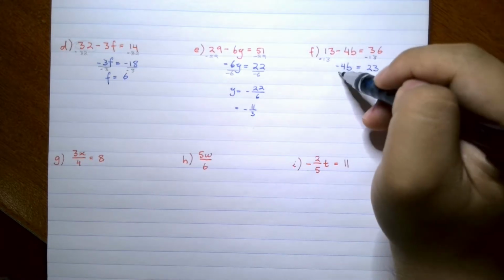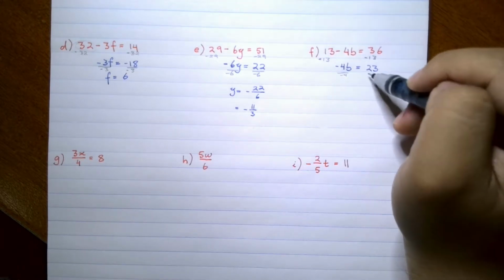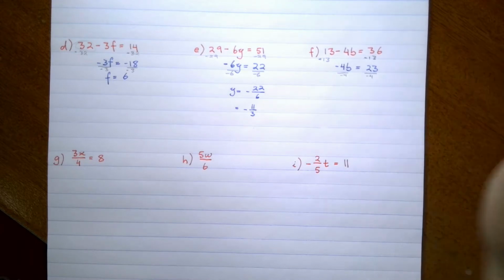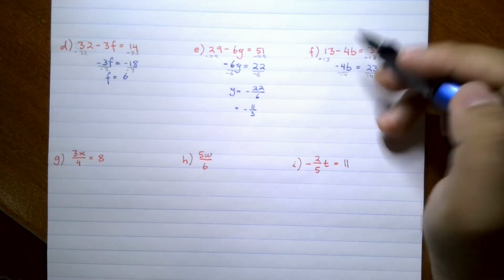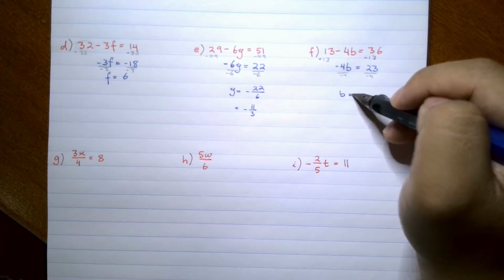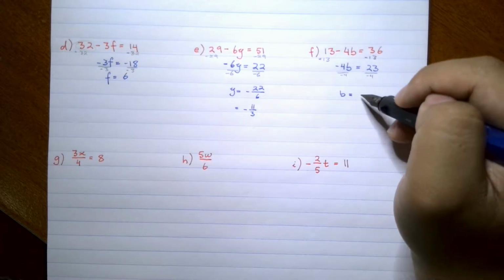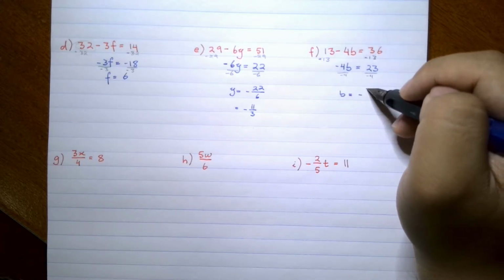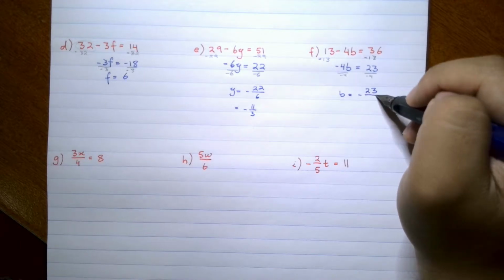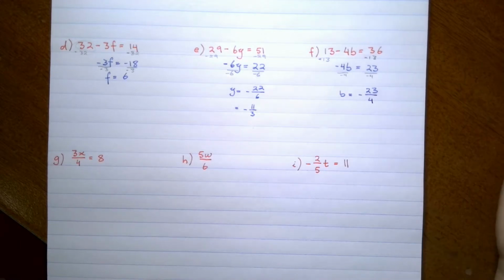We're going to divide both sides by -4. It will leave us with b by itself. And once again, it's going to be an improper fraction, -23 over 4, leaving the answer just as it is.